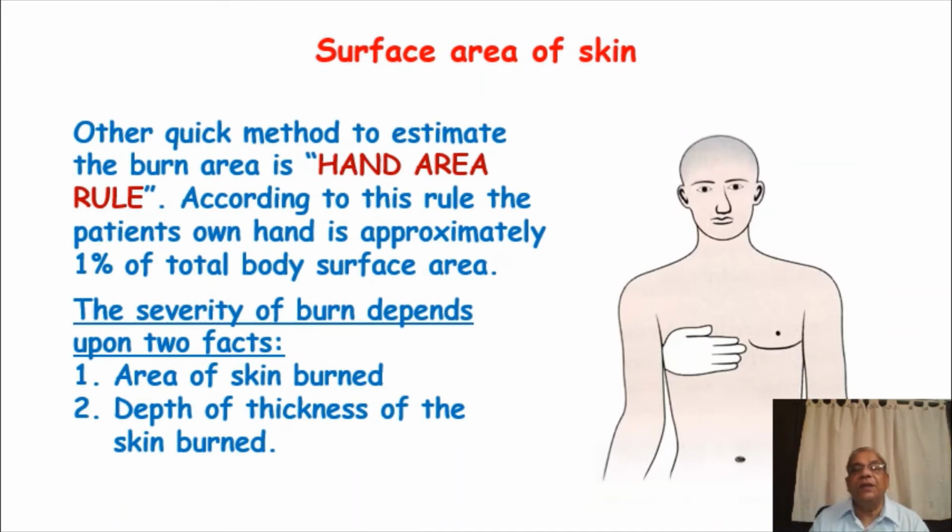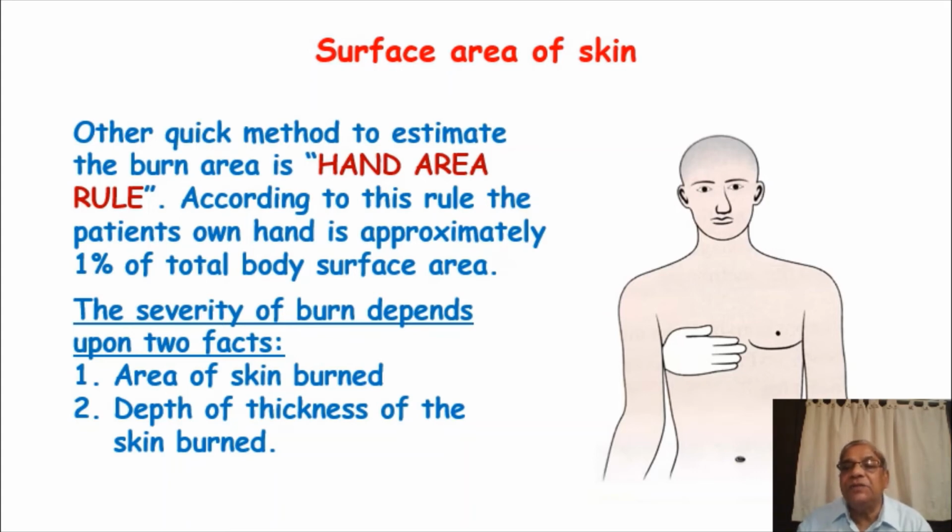Then the surface area is also calculated very quickly by another method, what is called the hand area rule. That means the surface area of the hand of the patient who has suffered from burn is equal to 1% of the skin.